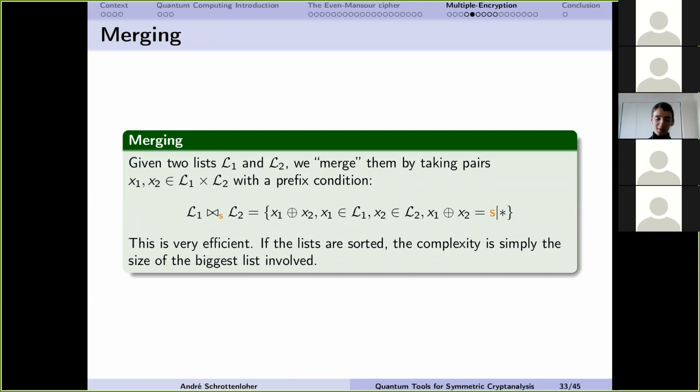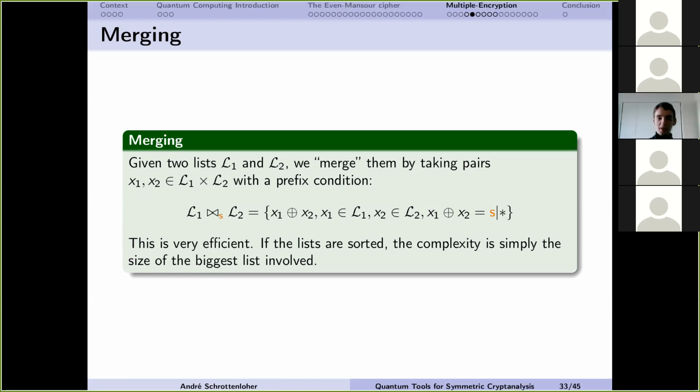When we try to solve a K-list problem like this, we have these initial lists, and we're looking for elements that sum to 0. The basic building block is a merging algorithm, which says that if we have two lists that contain bit strings, it is very easy to produce a list of pairs of elements that contains sums which have some partial prefix condition.